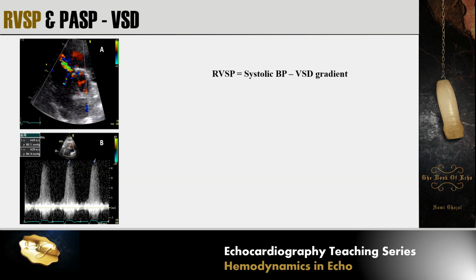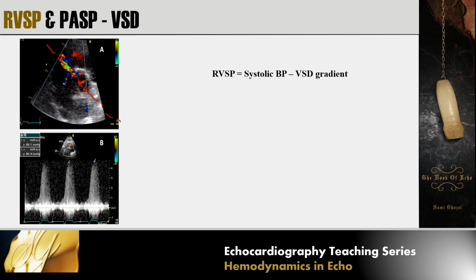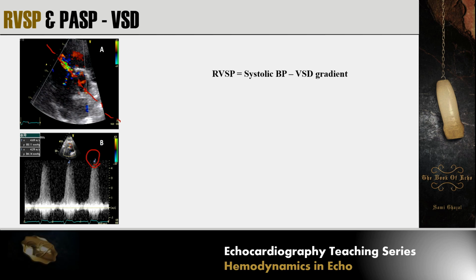In case of the presence of VSD, we can utilize the VSD to estimate accurately the RVSP. The flow gradient between the LV and RV can be estimated by putting a continuous wave Doppler along the VSD flow. So now we know that the difference between RV and LV is this much. What we need to know is the LV systolic pressure.